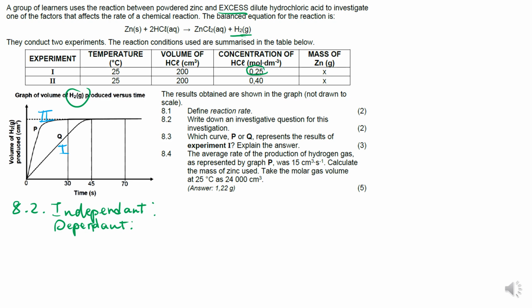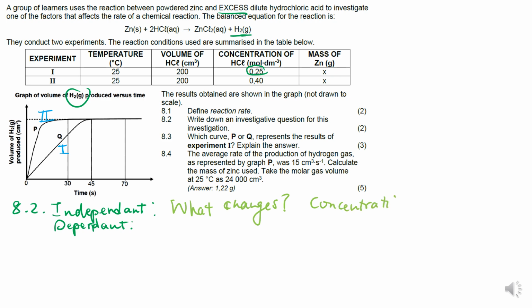So what is changing is your independent variable. What changes between the conditions they have in reaction 1 and the conditions they have in reaction 2? We already spoke about it. We said the concentration is not the same, which means the independent variable is the concentration.